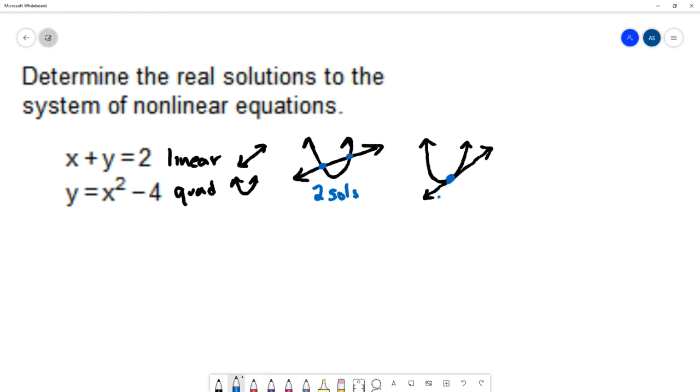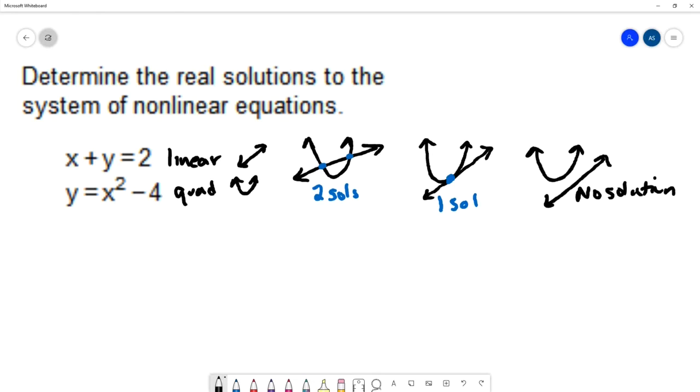So one intersection point means one solution. Or if they were even further apart, they would not have any intersection points and the system would have no solution. So when we solve this system, we might get two solutions, one solution, or no solution.